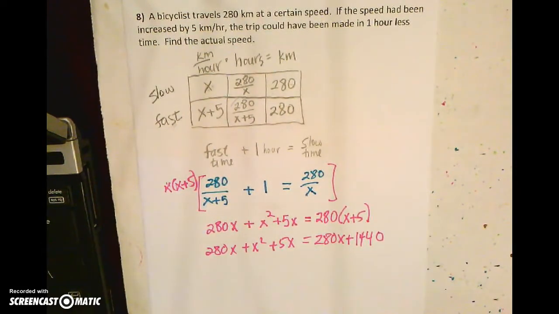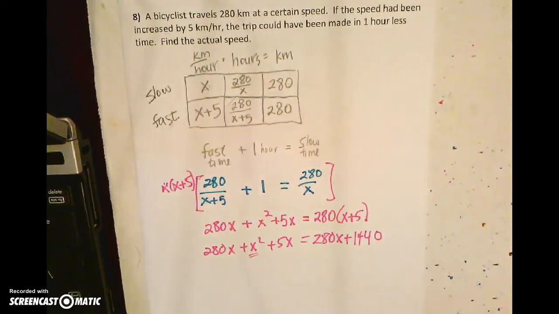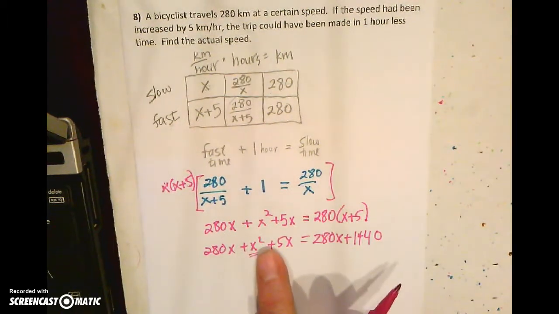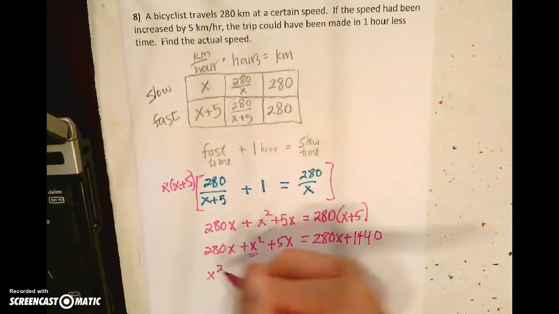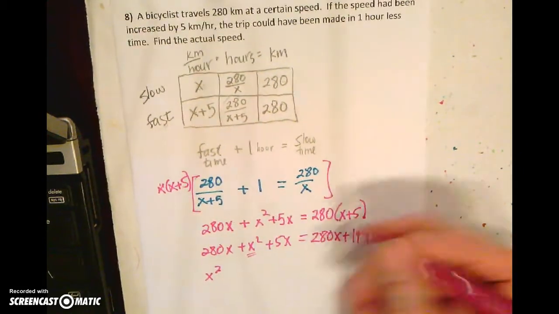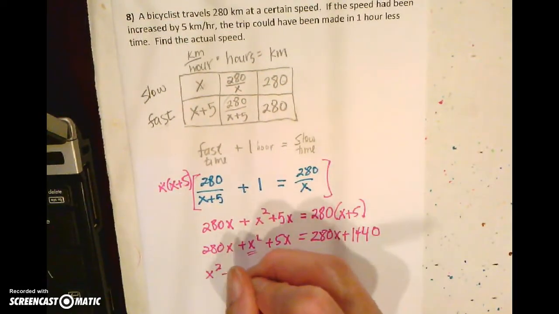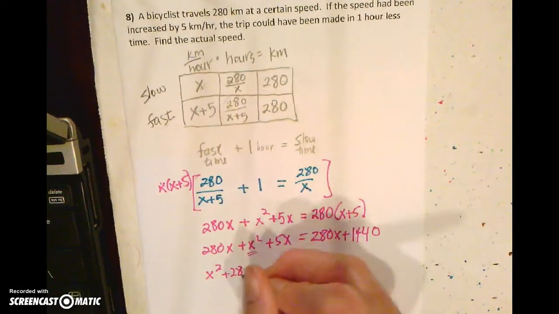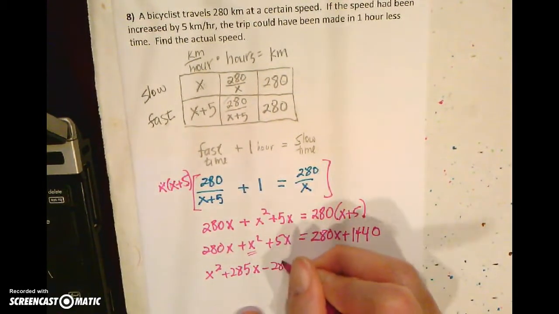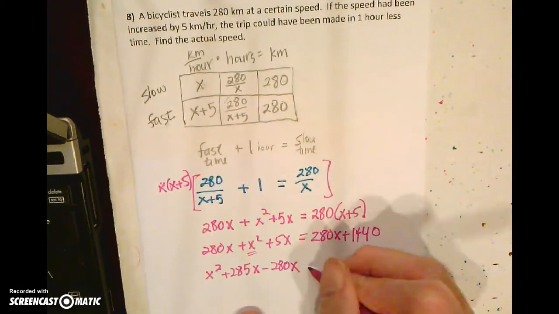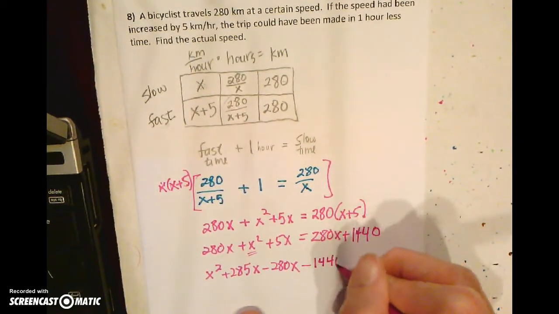All right, so now I see an x squared. So if I have an x squared, that means I need to move all my terms to one side. So we'll put our x squared first. We're going to have plus 285x, then subtract 280x, and subtract 1,440.